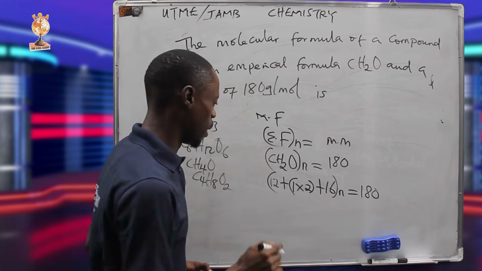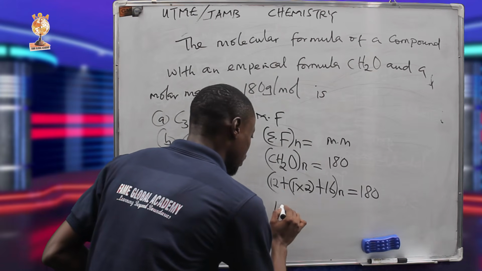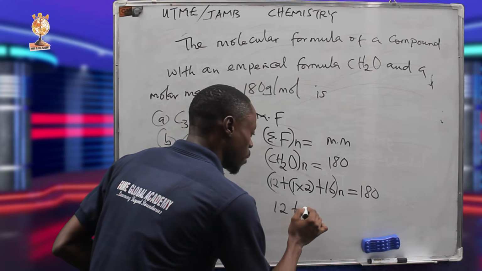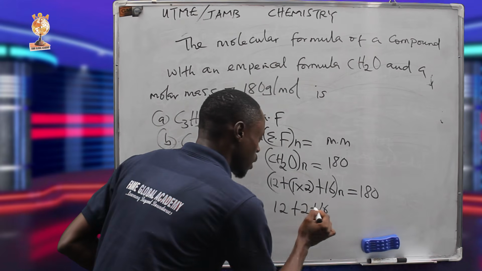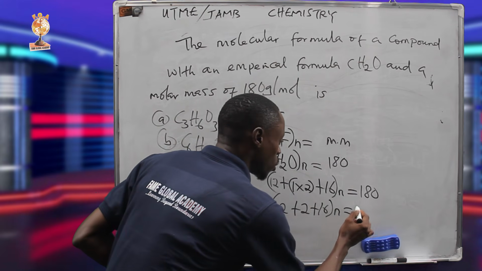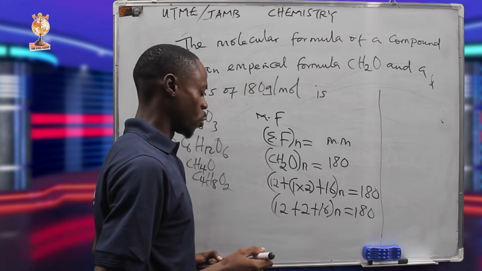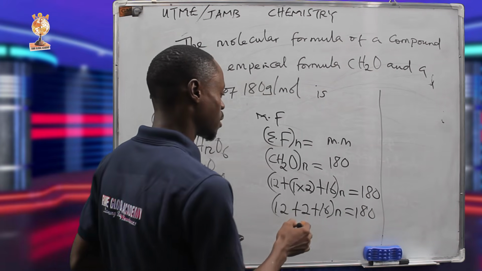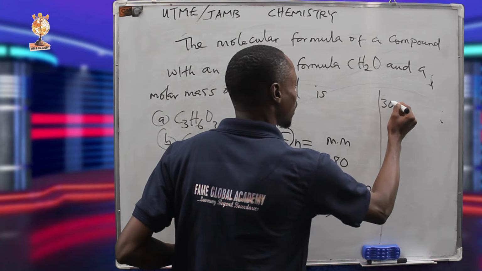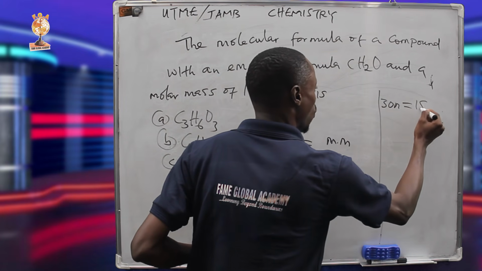Are you following me? We solve this mathematically. We have 12 plus 1 times 2, which is 2, plus 16, times N, equal to 180. 12 plus 2 is 14, plus 16 is 30. So 30 times N, we have 30N equal to 180.